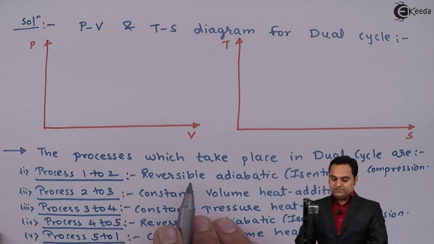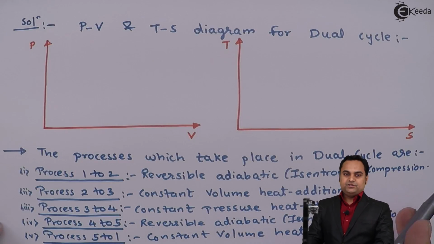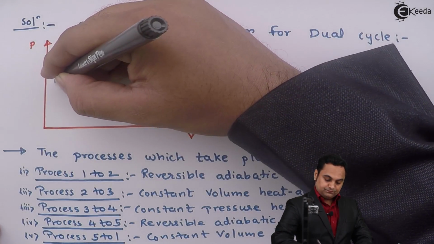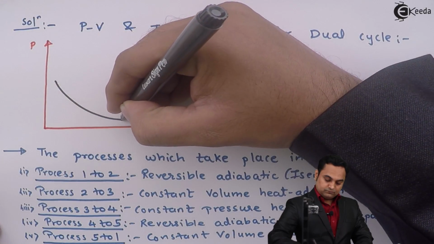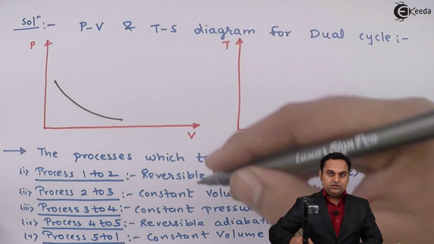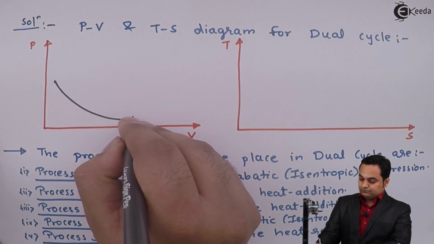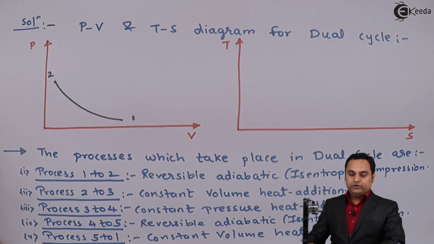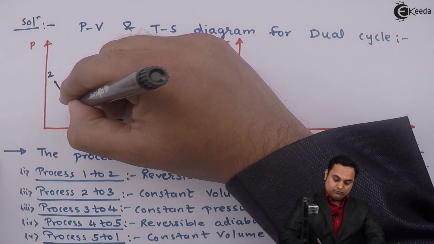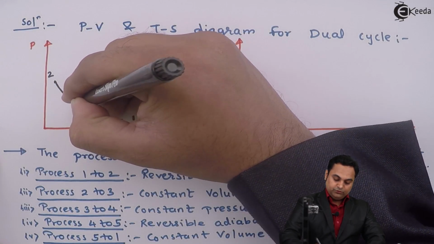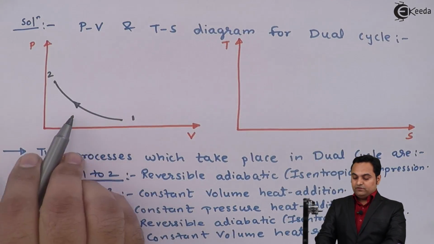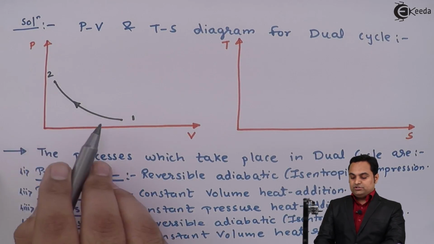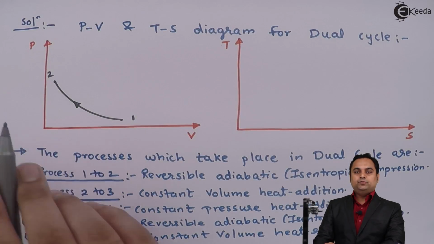The first process, reversible adiabatic or isentropic compression, will be shown on PV diagram with the help of a curve. So from point 1 to point 2, this represents the reversible adiabatic curve, or we can say the isentropic process, starting at point 1 and reaching up to point 2.